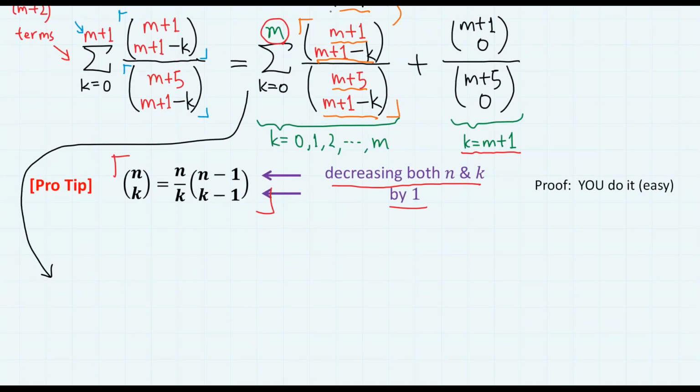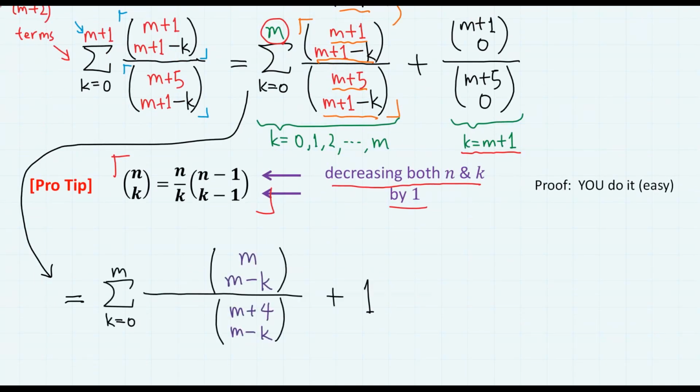This gives... Now the binomial coefficients are changed into m choose m minus k divided by m plus 4 choose m minus k, and according to the formula, n in this case is m plus 1, and k is m plus 1 minus k, and in the denominator, n is m plus 5, and k is the same, m plus 1 minus k. And the second part just gives 1.